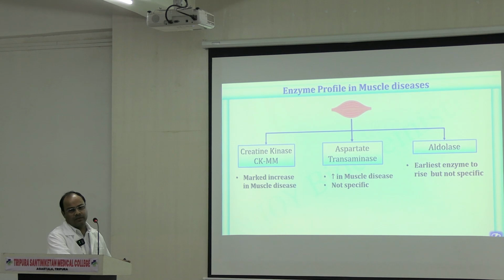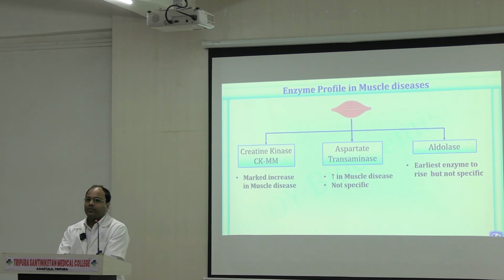Affected child, it starts from child age. Suddenly the child cannot walk properly. When they start walking, as the child grows, he starts falling. He is unable to climb the stairs. This is the first sign. Duchenne muscular dystrophy. Diagnosis: muscle biopsy, not this muscle enzyme.